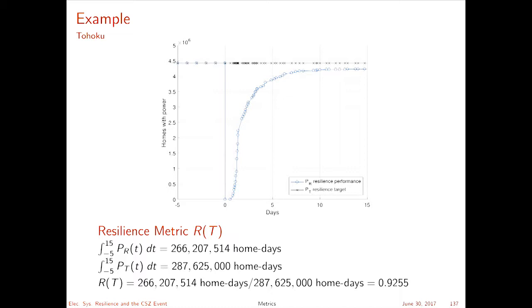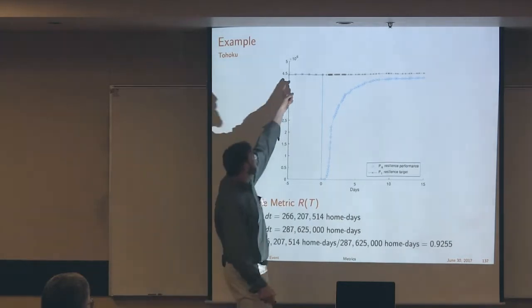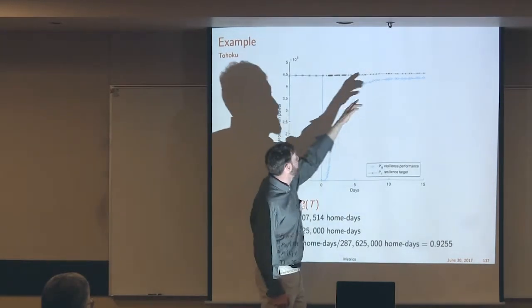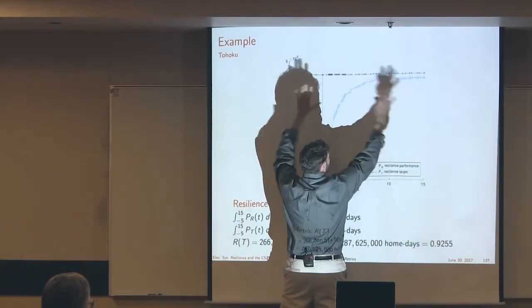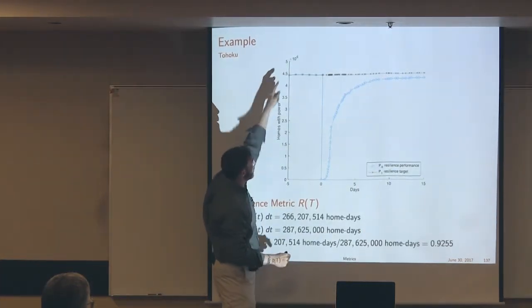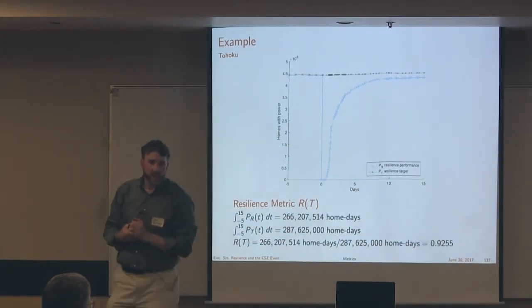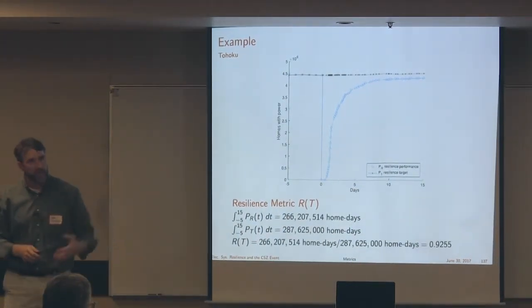So what I can do to define a numeric metric is I can take the ratio of the area under these curves. So, for example, for my target resilience, that's the black, I'll take the area under this whole box, right? This number of homes with power times this many days. That's the area under that box, if we remember back to our calculus.